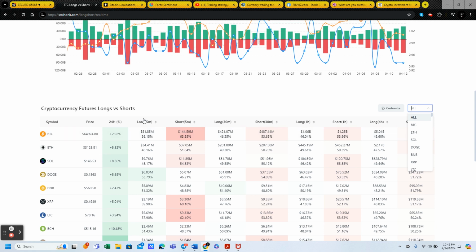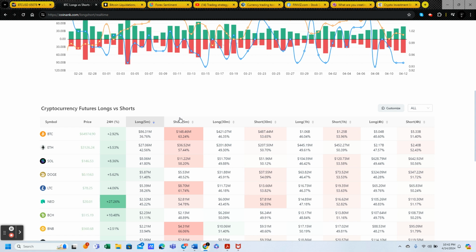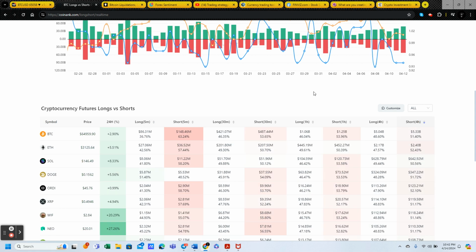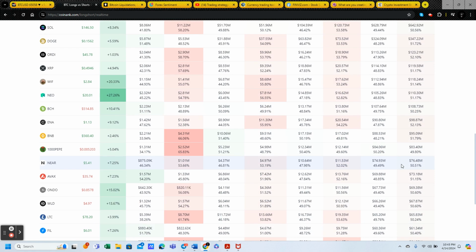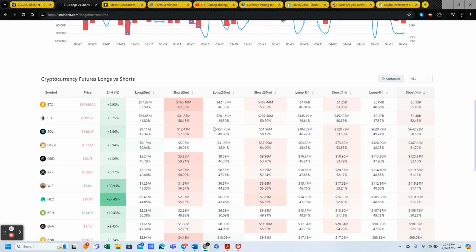But you have your long short 5 minute, your 30 minute above here, your 1 hour, you have a 4 hour, and I think that's the highest it goes. Right, so up to 4 hours, but it gives some good feedback and data.